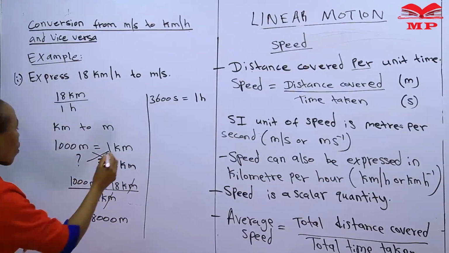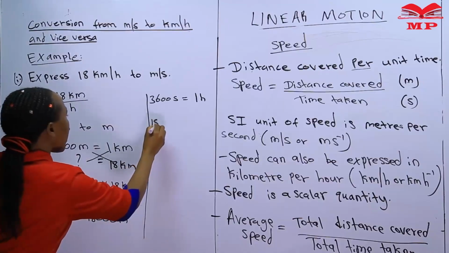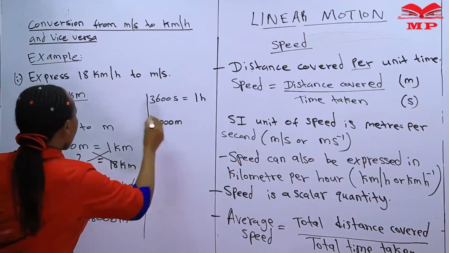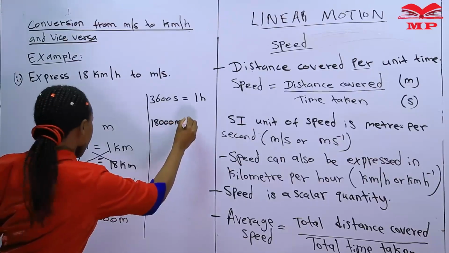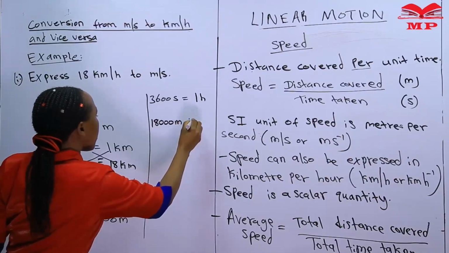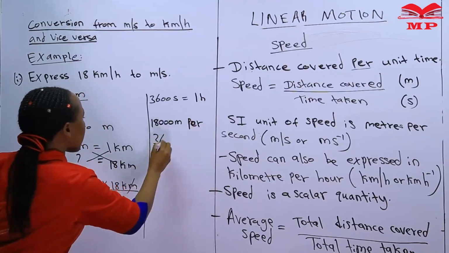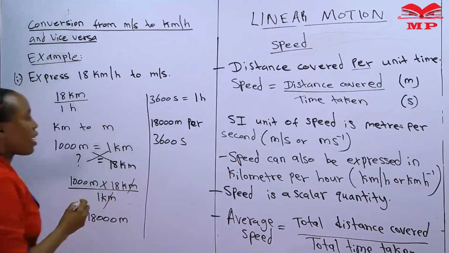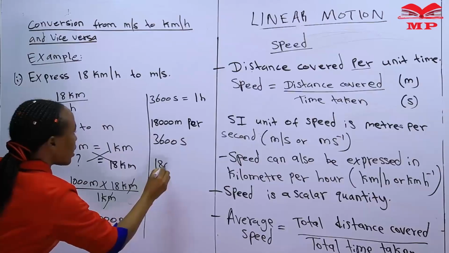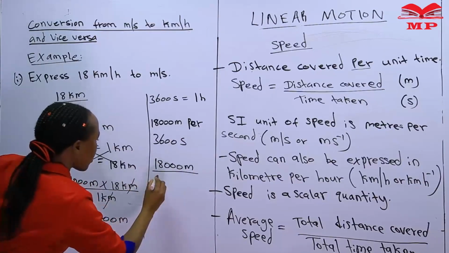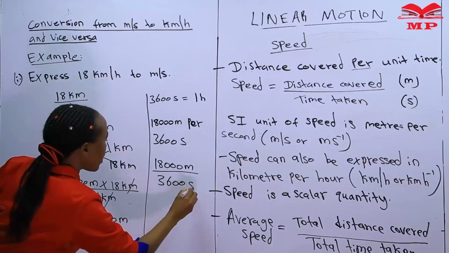And therefore, when we are converting, we have 18,000 meters per 3,600 seconds. And therefore, we are going to have 18,000 meters, and per means we are dividing by 3,600 seconds.